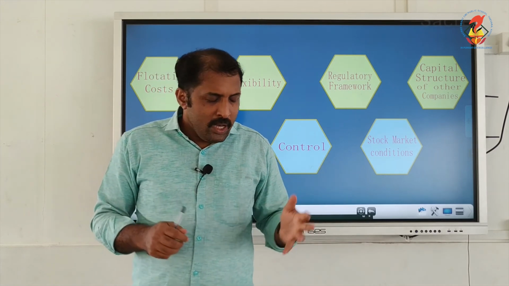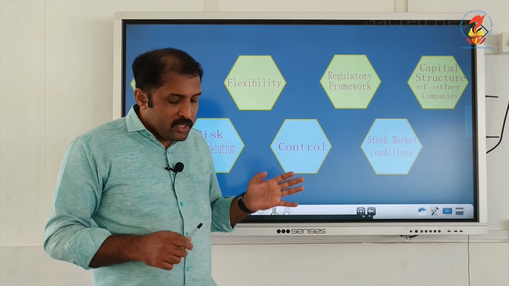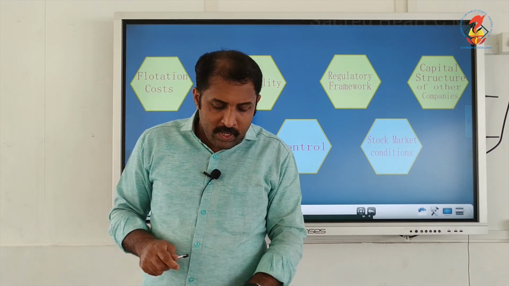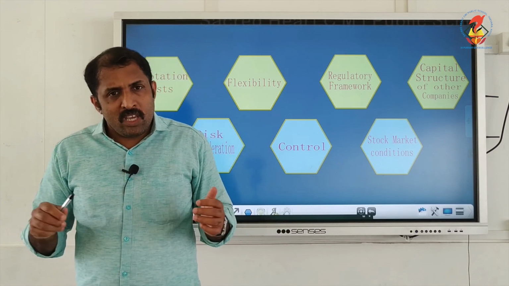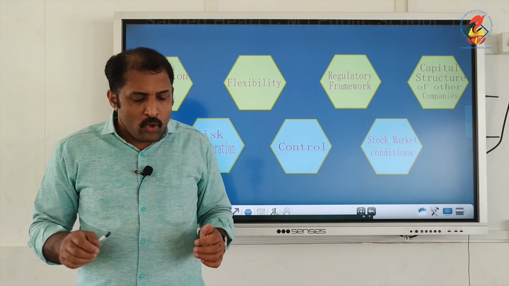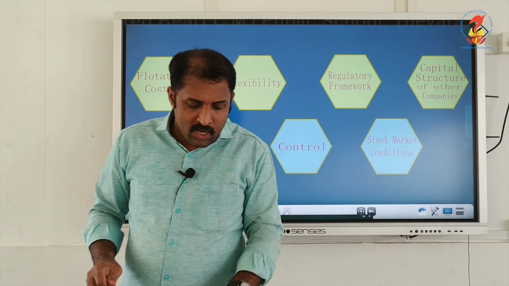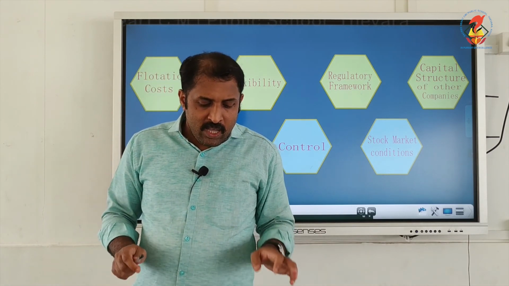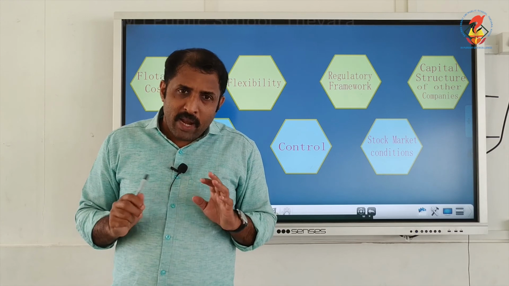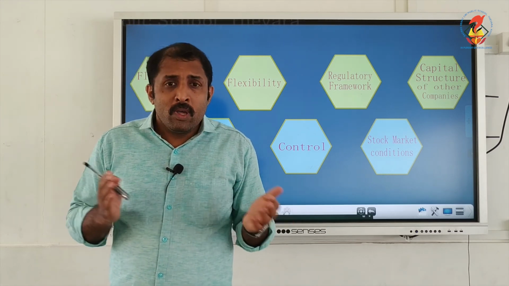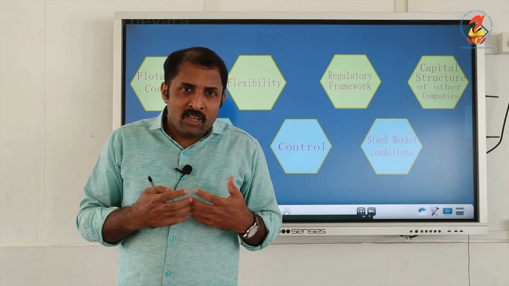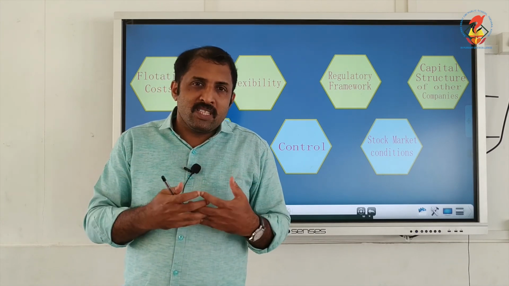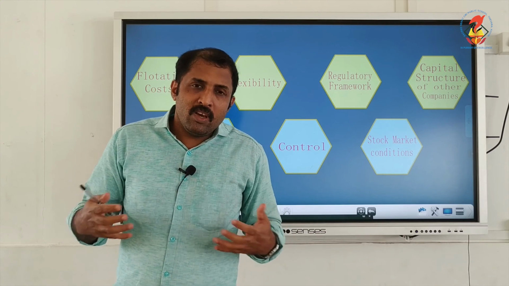And the last one is the capital structure of other companies which are doing business in the same area. It is better to follow almost the same method. Care must be taken that a company does not follow norms blindly, but we can opt for it if it is found to be better, or if we have the same capacities and same way of doing things.